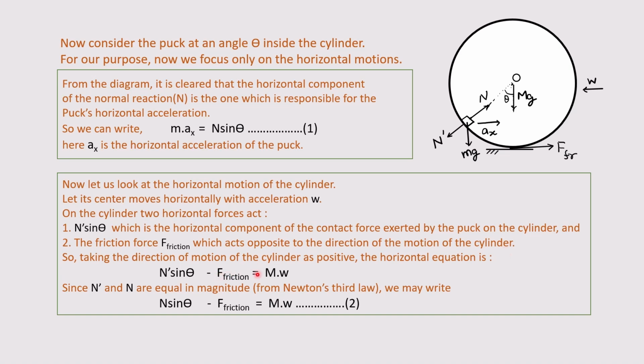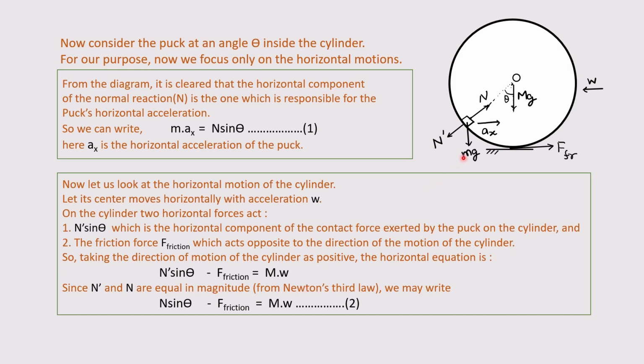So by taking the direction of the motion of the cylinder as positive, our horizontal equation would be N prime sine theta minus force of friction is equal to mass of the cylinder, that is capital M, into W. Here W is the horizontal acceleration of the center of the cylinder.